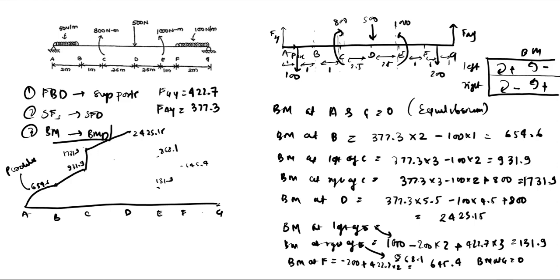Then at the left of E, it was going to 131.9, so it will go to 131.9. Then it will jump to right of E, which is 868.1.